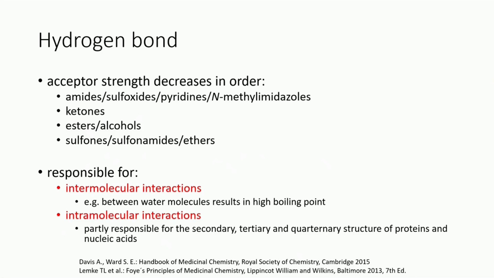You know that proteins can be folded due to hydrogen bonds. The double helix in nucleic acids also holds together due to the hydrogen bond. We will see it later when we are talking about the drug targets.